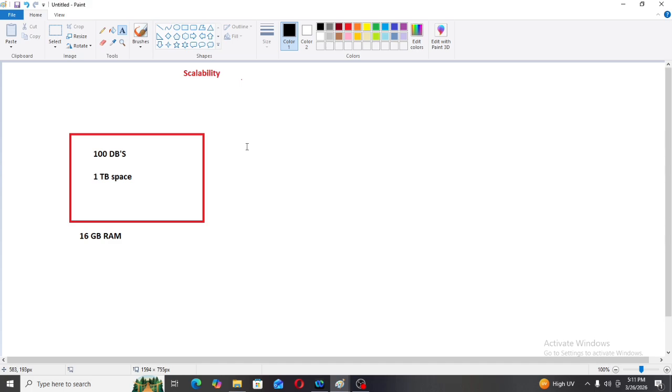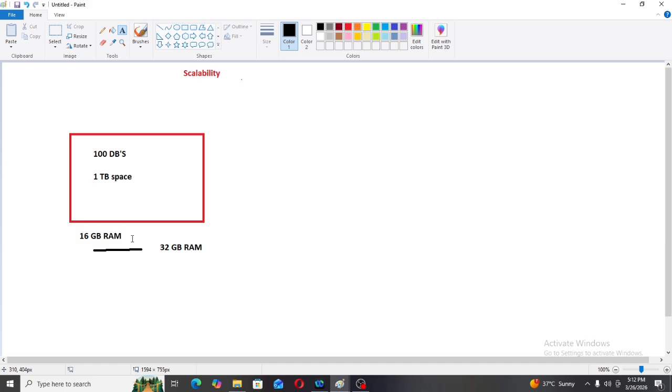How do we increase the capacity? For example, this is 16 GB of RAM. Now from 16 GB we will move to 32 GB of RAM. We are increasing the capacity of the server.